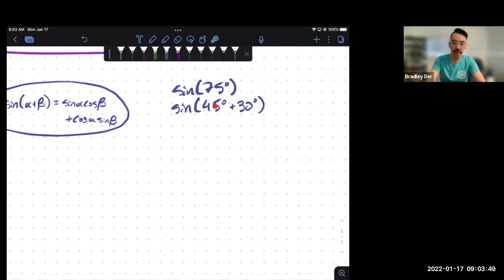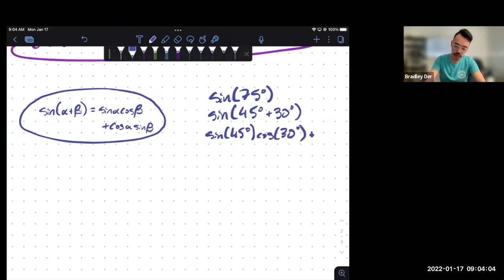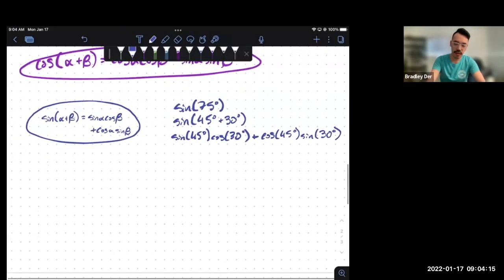If 45 is alpha and 30 is beta in our formula over here, then we could say sine of 45 degrees times the cosine of 30 degrees plus the cosine of alpha, 45 degrees, times the sine of 30 degrees. Right, we're just assigning 45 to equal alpha, 30 to equal beta, and then plugging straight into our formula.